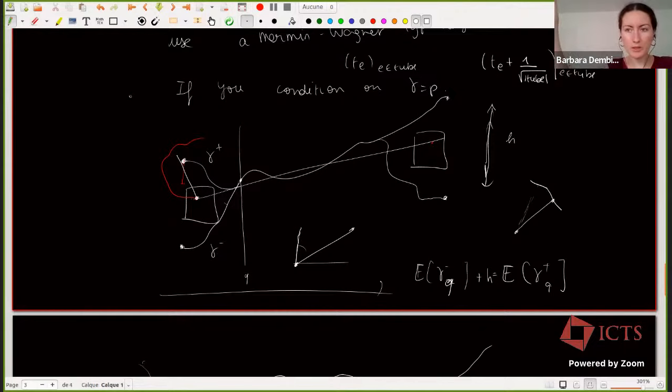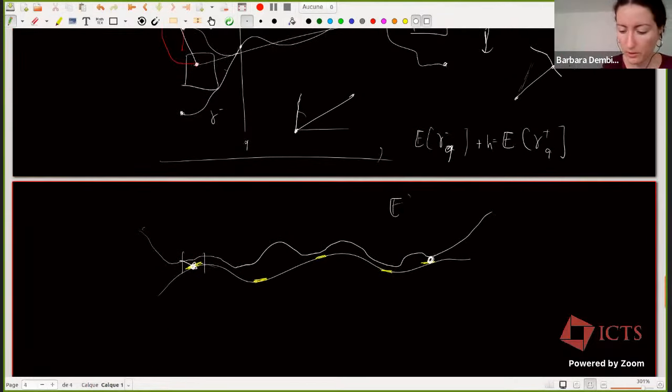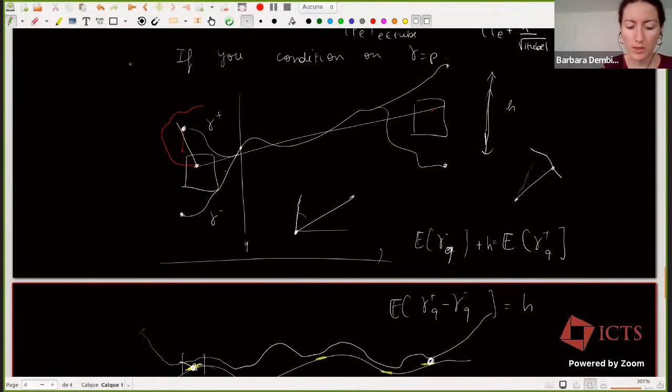If you start h above, then the expected time will be h above. That's just what it says. And then you have that the expectation of gamma plus q minus gamma minus q is equal to h.